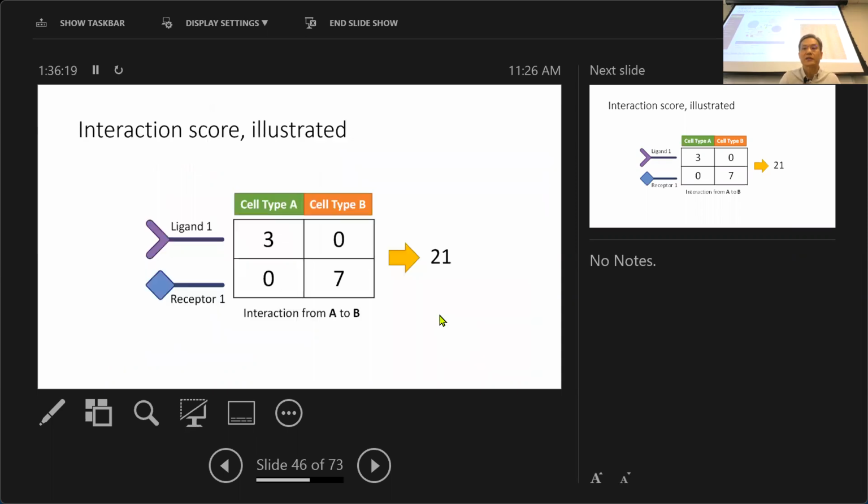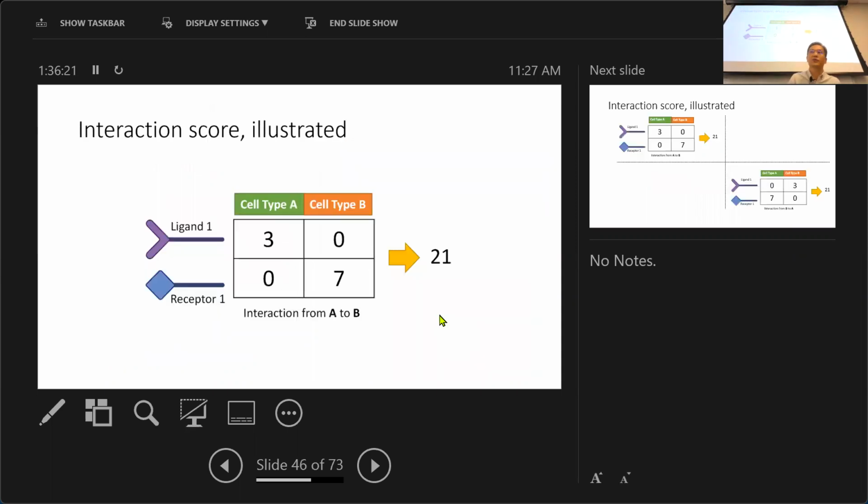So once you have that, you start to look at your expression level of your cell type A and B. So this is like ligand gene 1, receptor gene 1. Let's say the average expression of cell type A, all the cells, on average, its level is 3.